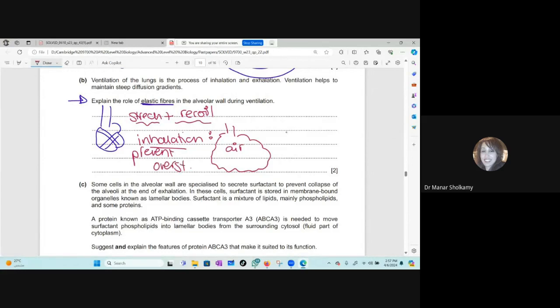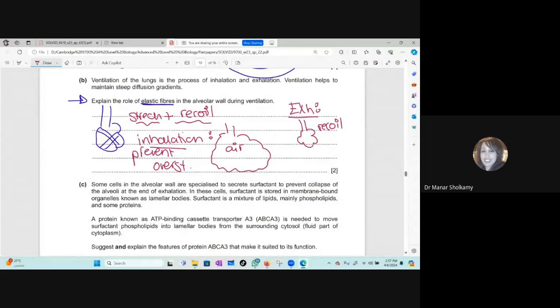Clear? Now, during exhalation, what do the elastic fibers do? They allow the alveoli to recoil. Very good. They squeeze the air out. If the elastic fibers were not there, the alveoli would not be able to recoil, and the air would be trapped, and it would result in bursting of the alveoli.